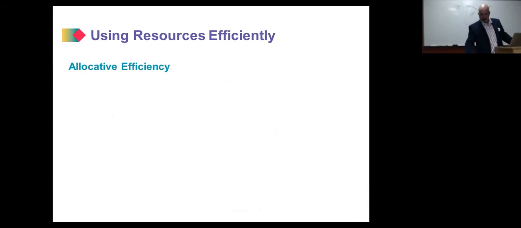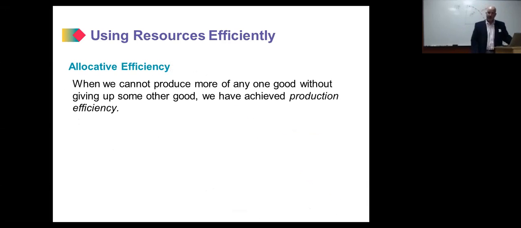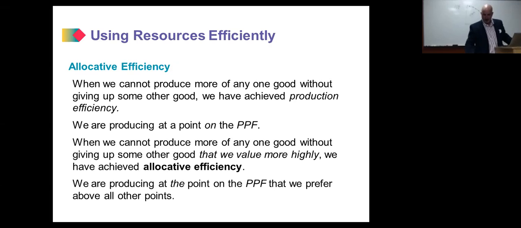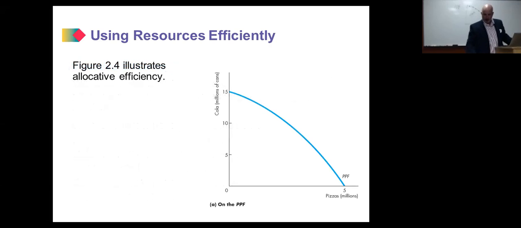Now, to highlight this again, when we cannot produce more of any good without giving up some other good, we have achieved production efficiency. And this figure here is going to show along the PPF that we have achieved efficiency.